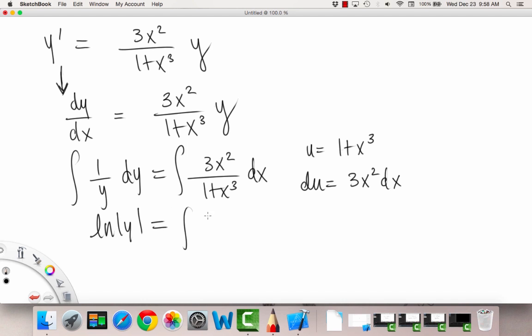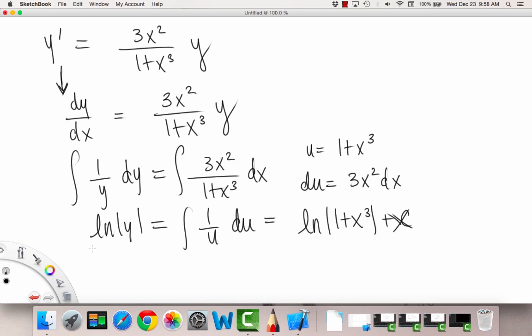So this is the integral of 1 over u du, which is ln of u, which is ln of 1 plus x cubed. And then we have our plus c there as well, but we're not really going to deal with that much, because we could just set that equal to 0.